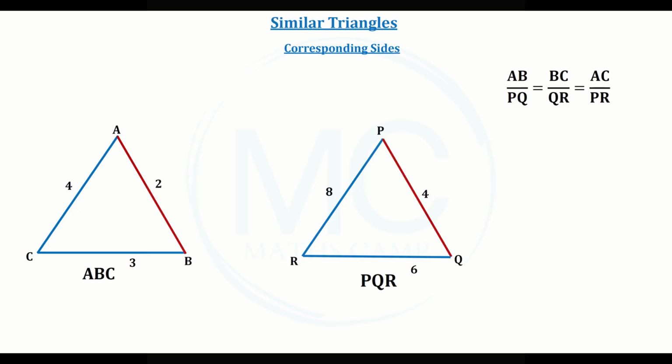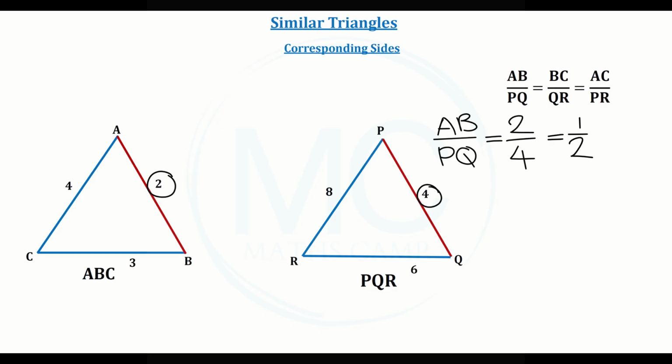AB is 2 units long and PQ is 4 units long. So we get a fraction of 2 over 4. 2 and 4 are both divisible by 2, and we get a fraction of 1 over 2.